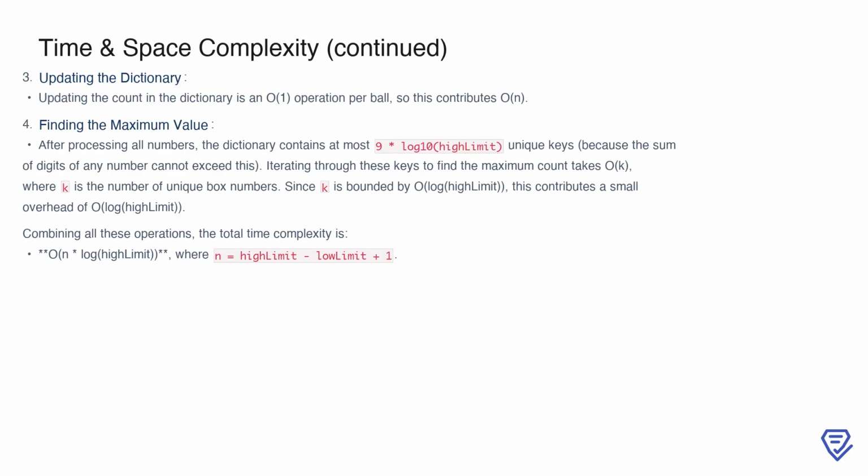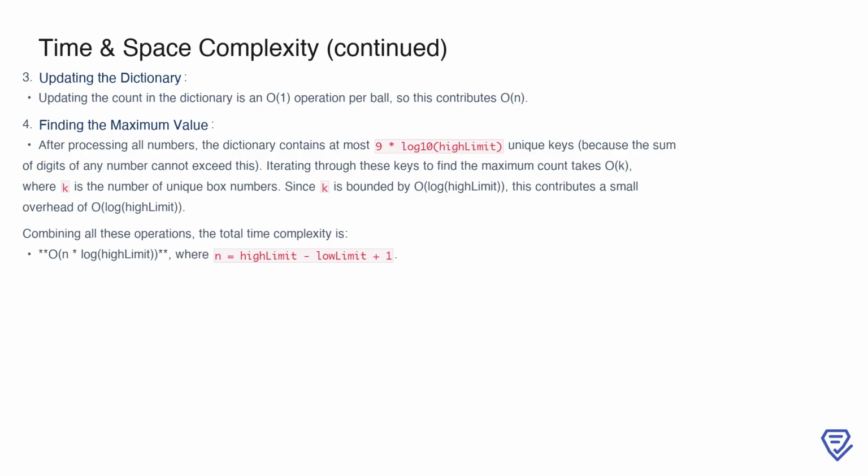Now, let's examine the time complexity contribution from updating the dictionary. Each time we calculate a box number, we update its count within the dictionary. Since a dictionary update operation is O(1), doing this for all n numbers in the range contributes O(n) to the time complexity. After processing all numbers, we need to determine the maximum value in the dictionary, where the keys represent unique box numbers.